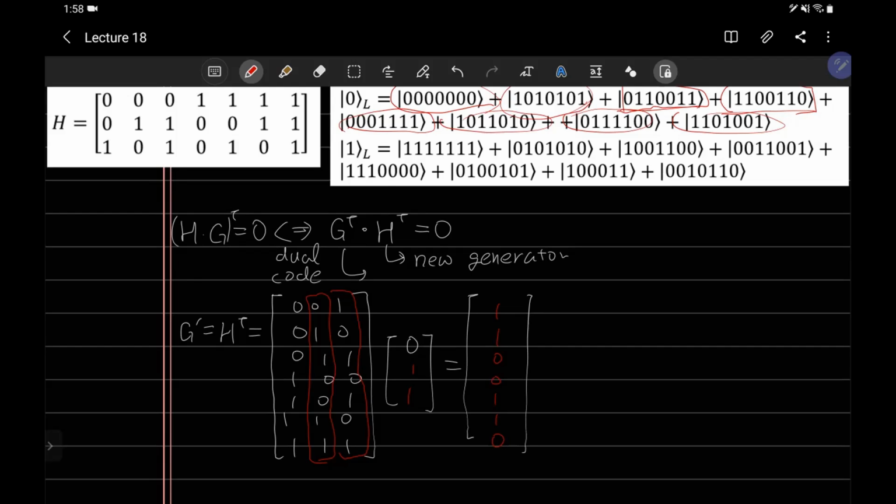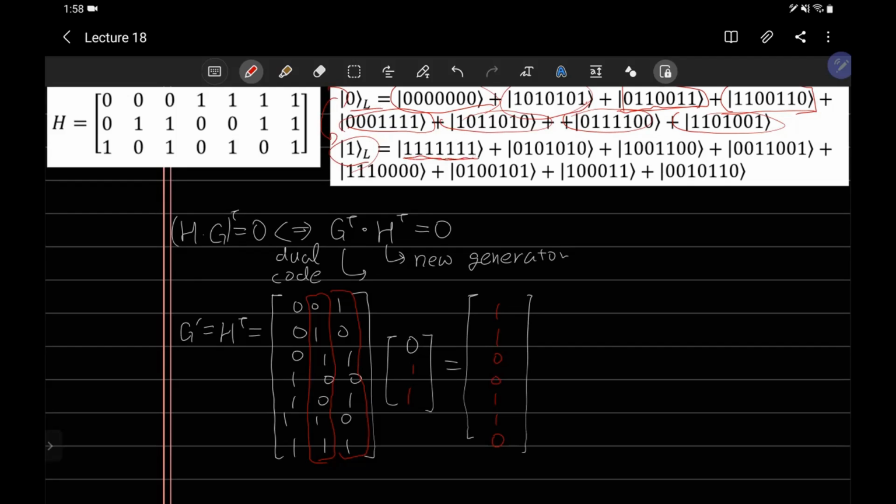quantum error correction code. And then for the logical 1 case, the only difference between the logical 0 and logical 1 is that it is basically adding 1 1 1 1 1 1 1 to each of the terms for the logical 0 qubit.